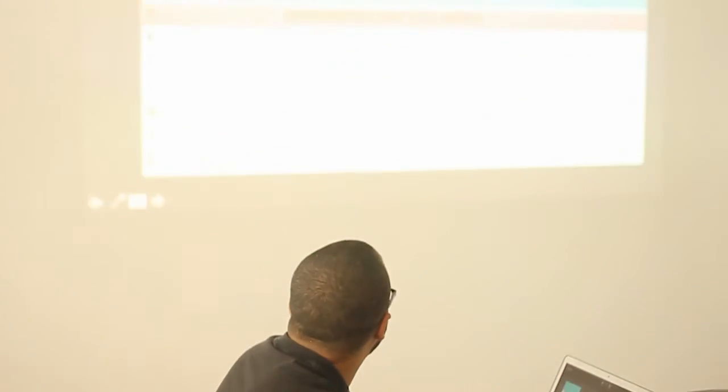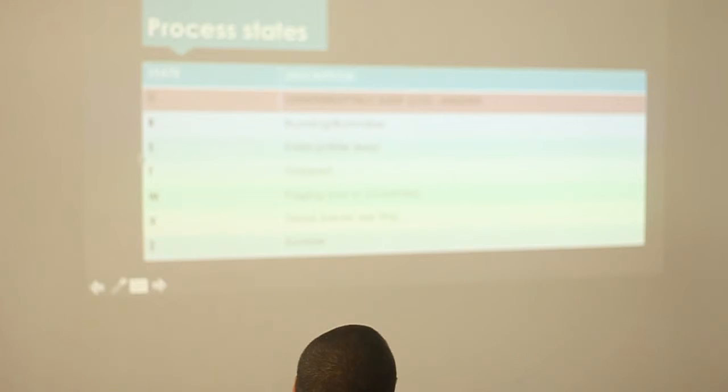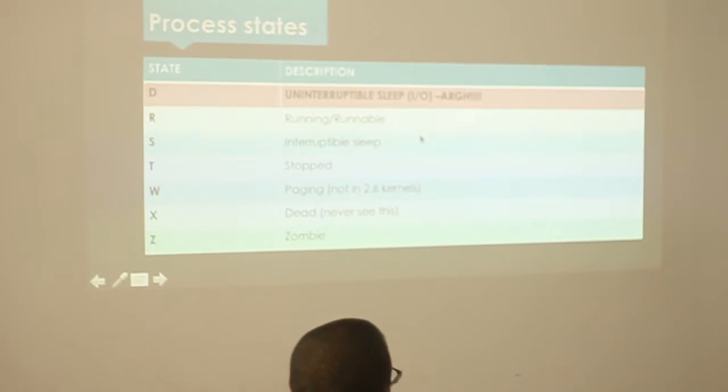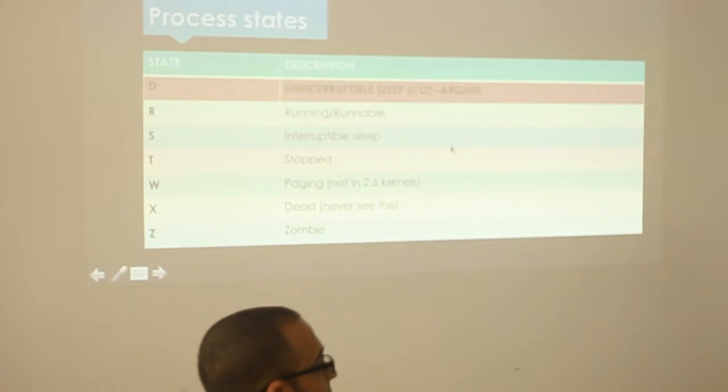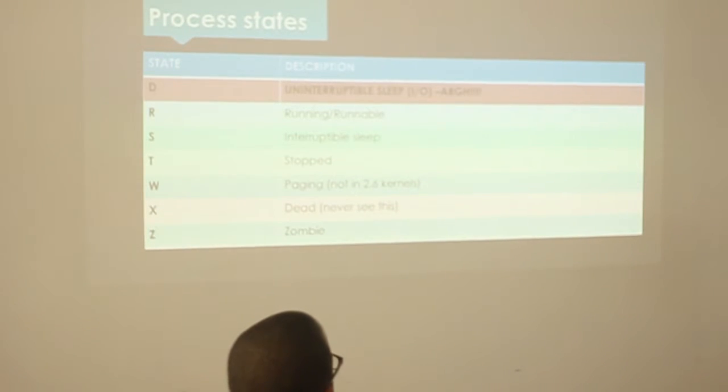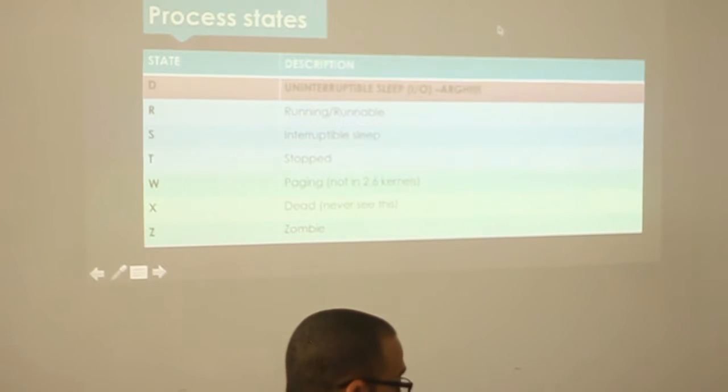It actually will lock inside of the kernel, which sucks. But when a process is in D state, it's essentially stuck inside the kernel doing an operation, and there's nothing you can do about it until that operation completes. Regular I/O puts you in this S state, interruptible sleep, where the kernel is just able to say, stop here, wait for me, when I'm done, I'll bring you back awake. But D is really a hard lock.